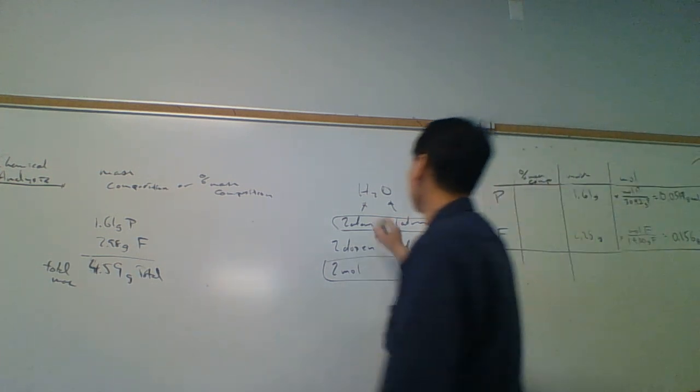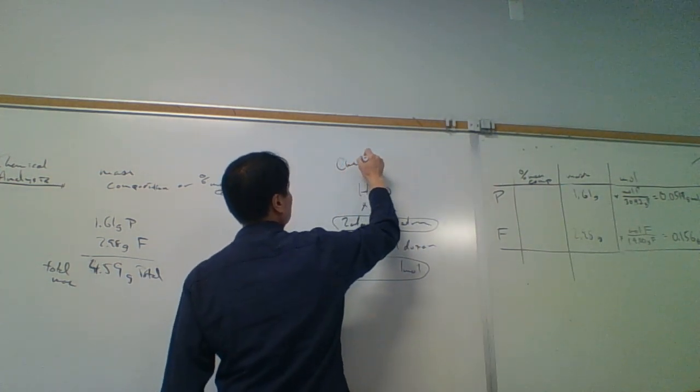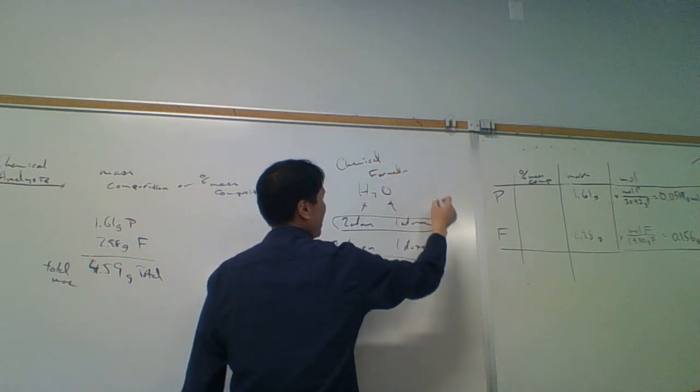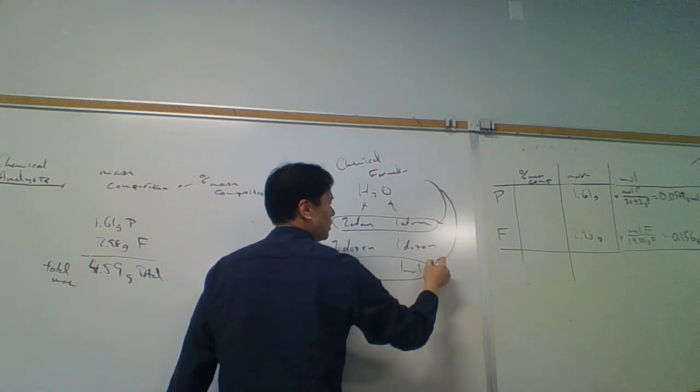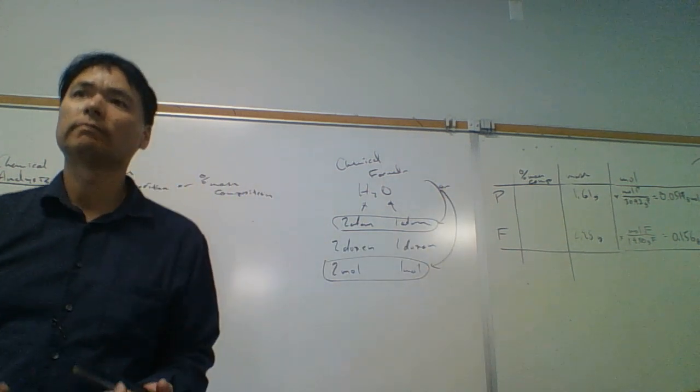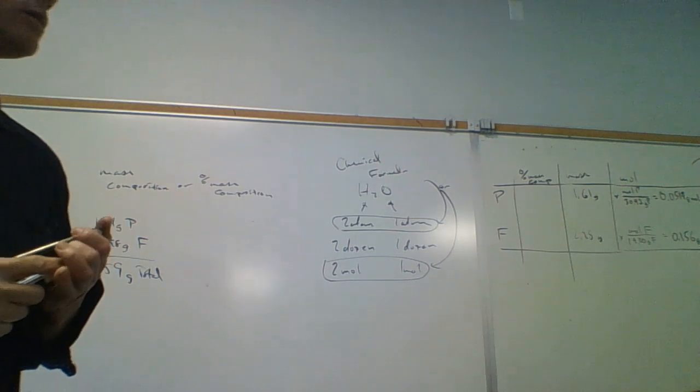Now, a chemical formula is an atom ratio or a mole ratio. That's what a chemical formula is.